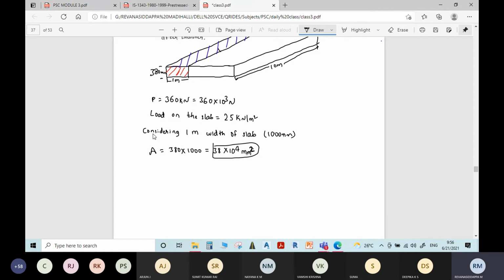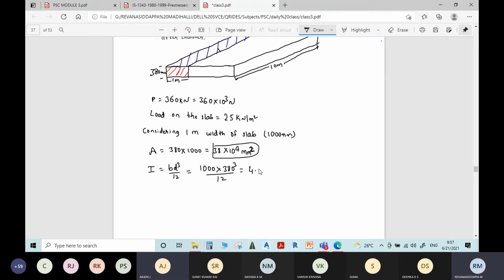Also find the moment of inertia for the same section. I is equal to BD cube by 12, where B is 1000 mm and depth is 380, cubed, divided by 12. How much is the moment of inertia? 4.572 into 10 power 9 mm power 4.